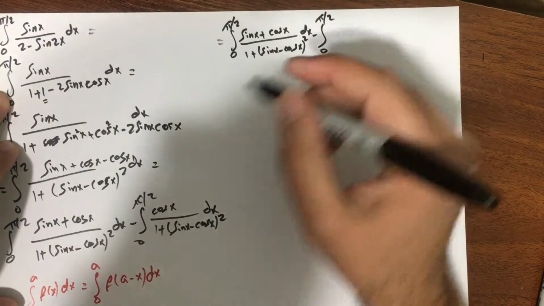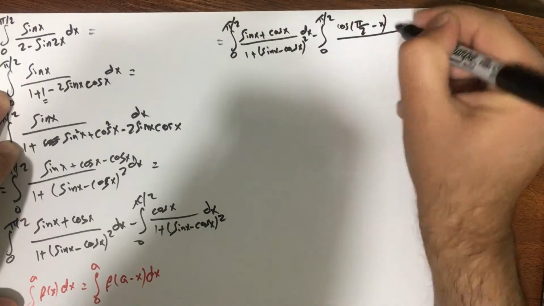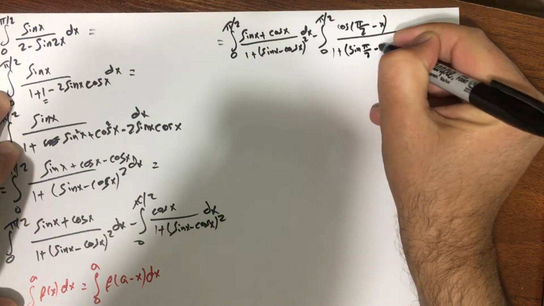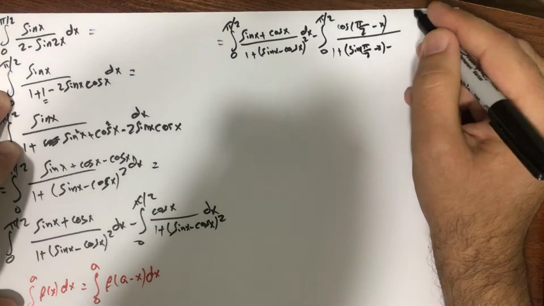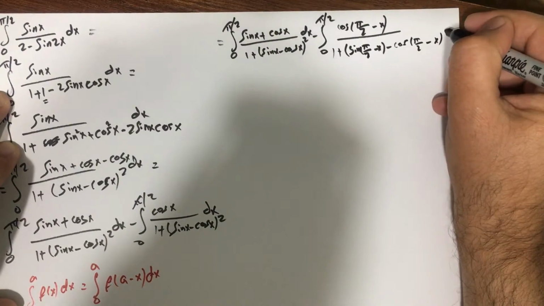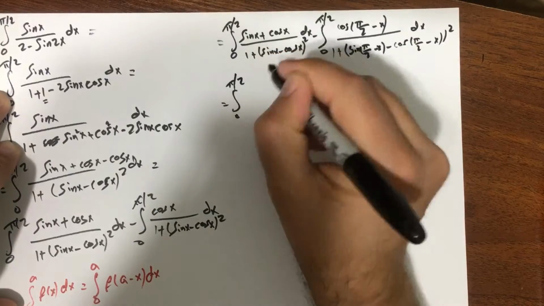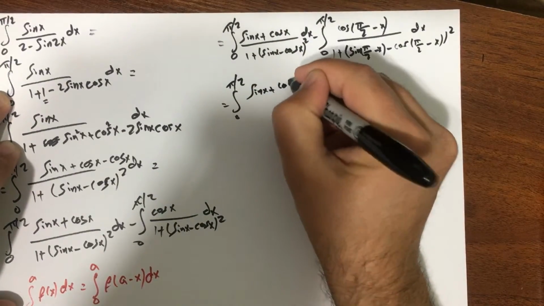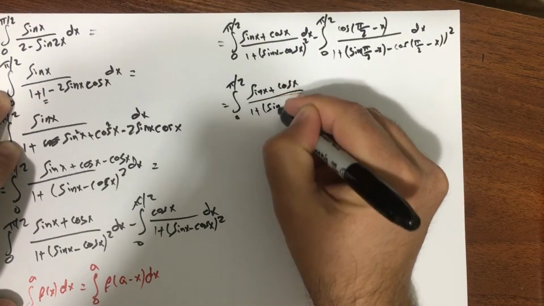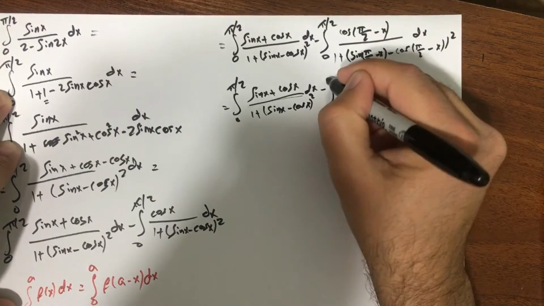We have cosine of pi over 2 minus x over 1 plus sine of pi over 2 minus x minus cosine of pi over 2 minus x squared dx, and this equals the integral from 0 to pi over 2 of sin x plus cosine x over 1 plus sin x minus cosine x squared dx, minus the integral from 0 to pi over 2.